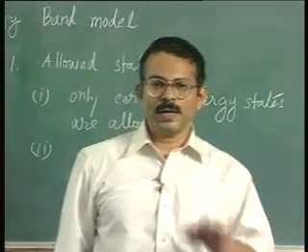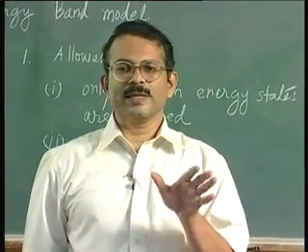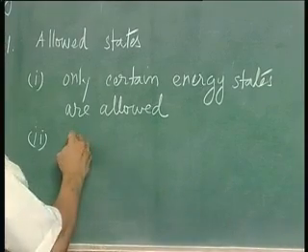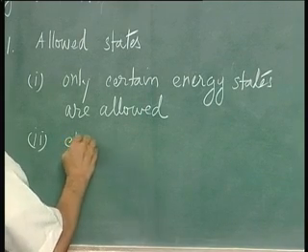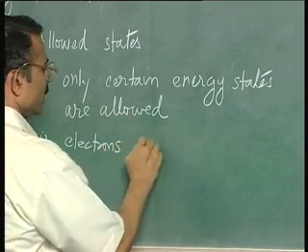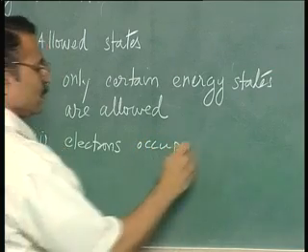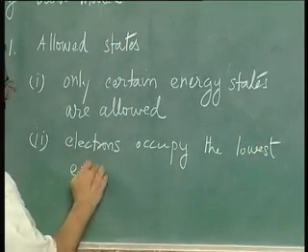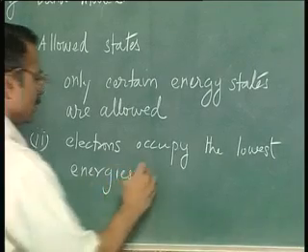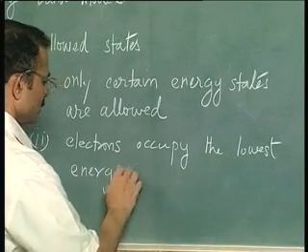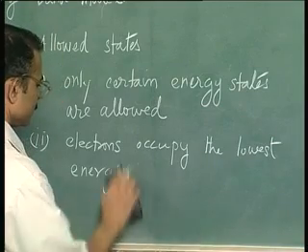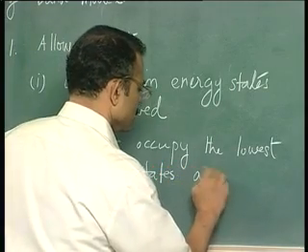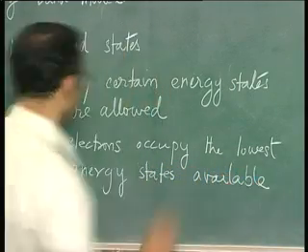Second, of the allowed states, the electrons tend to occupy always the ones with lowest energy which are available. So electrons occupy the lowest energy states available.